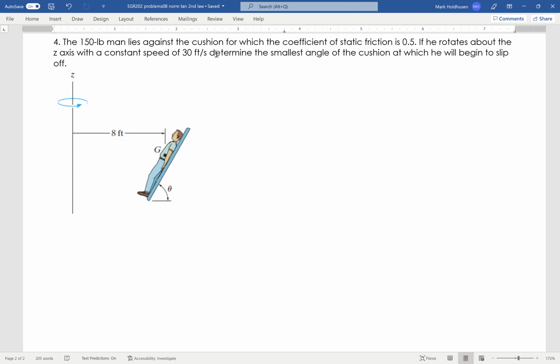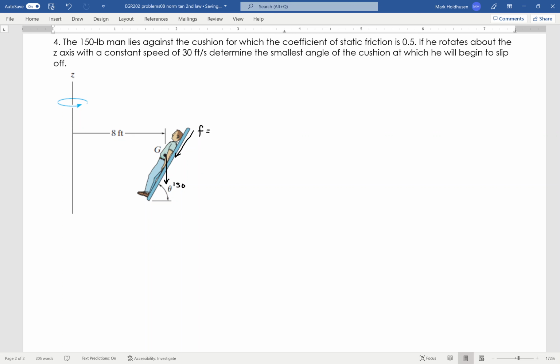So what I have here is the dude's weight, which is 150 newtons. Okay. I have the friction force. And again, as this starts accelerating and spinning, he's going to want to slide up that incline. So the friction is going to oppose that and go right back down. And again, I'm trying to find it at its maximum point. I don't want him to slip, right?